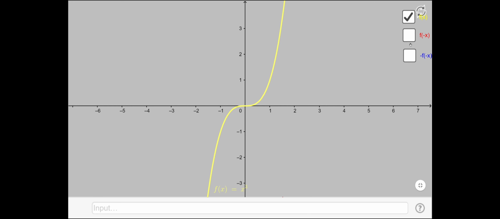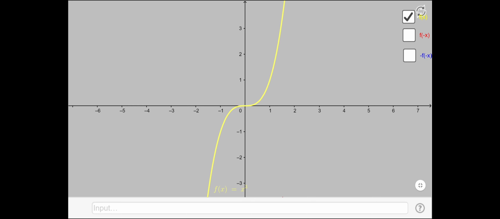Notice f of minus x is not the same as the original function, so that is telling you that f of x equal to x cubed is not even. But if I look at minus f of minus x, I actually get back the same graph. This is the original f of x equal to x cubed, and this is when I form minus f of minus x.